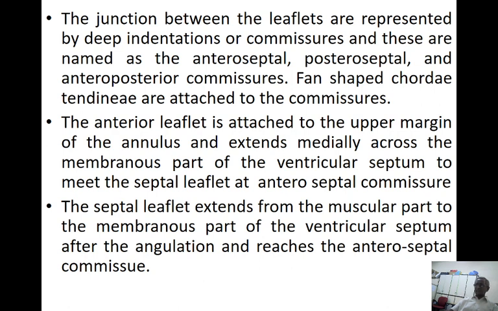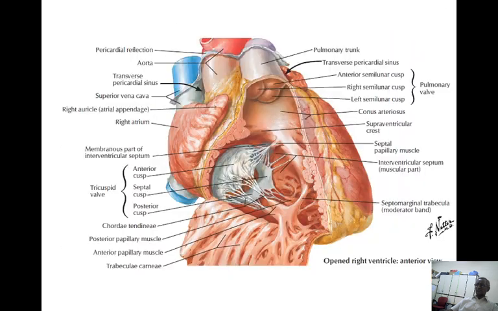The septal leaflet extends from the muscular part to the membranous part of the ventricular septum after angulation and reaches the anteroseptal commissure. So here, this blue part is the membranous part of the ventricular septum, and this is the muscular part of the ventricular septum.